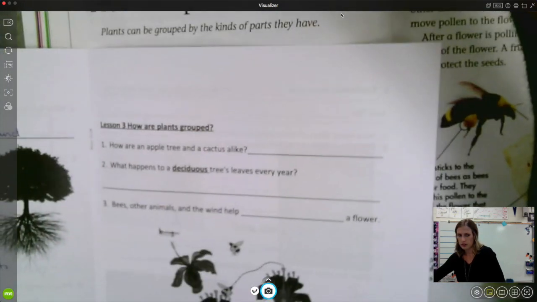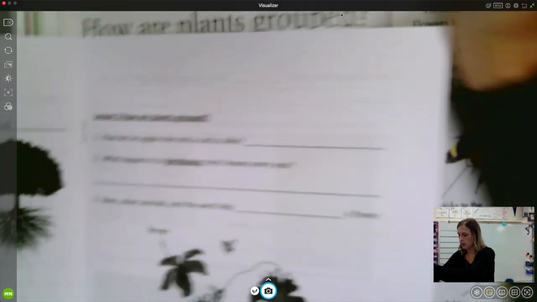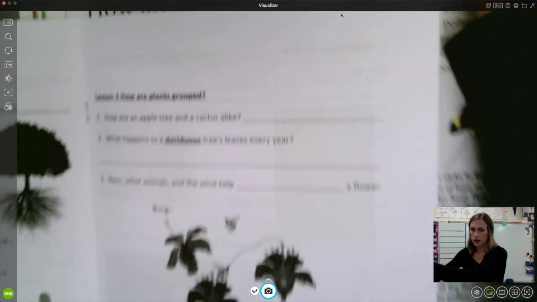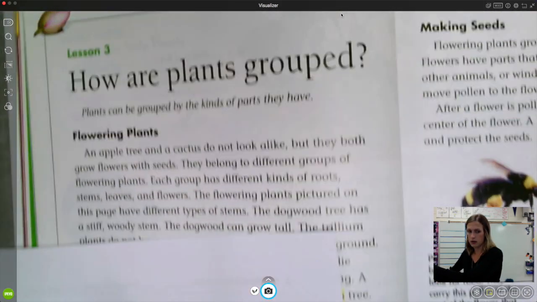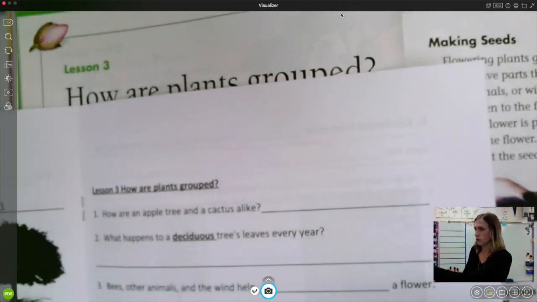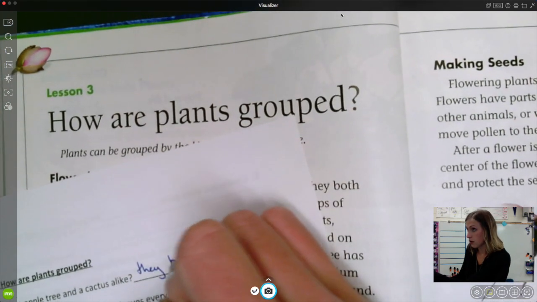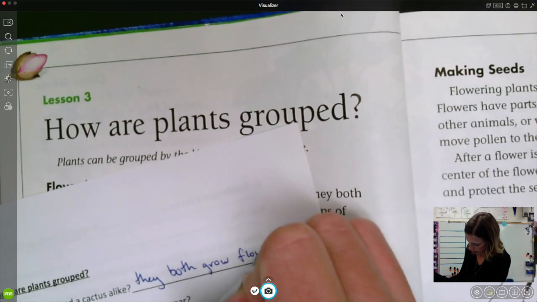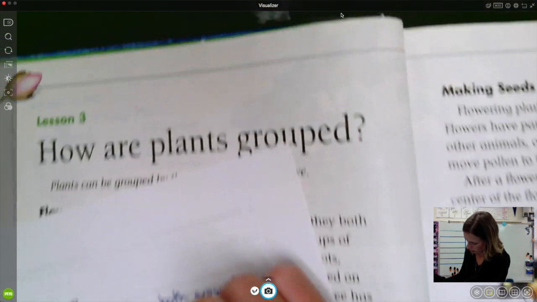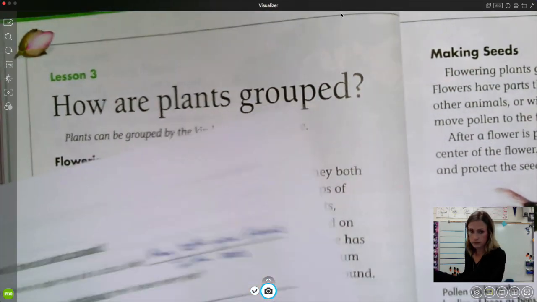Let's look at our first question. How are an apple tree and a cactus alike? What do we say they both were parts of? Well, they both were part of that flowering plants. They both grow flowers with seeds.